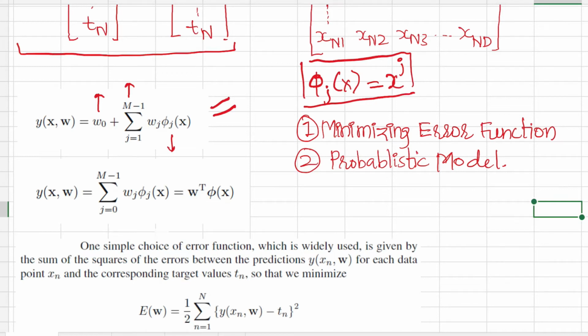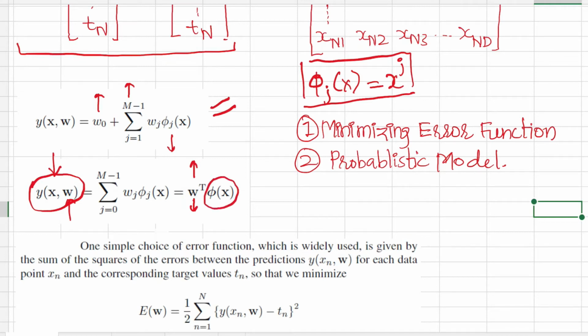So if we find out y, the predicted value for any unknown x dependent on w, the unknown coefficients, it would be w transpose. This capital W is actually a matrix of unknown coefficients. We will extensively talk about it in the next couple of minutes.